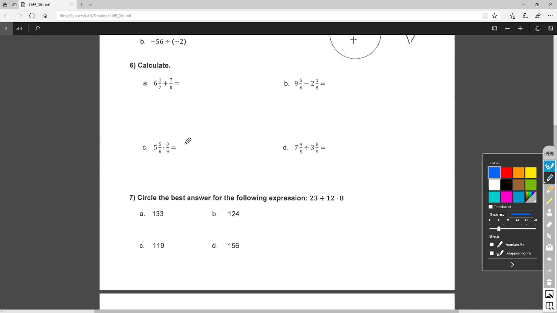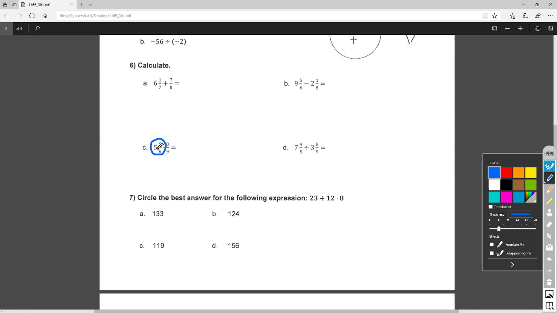So C, when we multiply fractions, we do need to make sure each of our numbers is a fraction or a fraction greater than 1. So if you look at 5 and 5/6, this is a mixed number. It is not a fraction greater than 1 or a regular fraction, right? So we need to change it to a fraction greater than 1, or as most of you know it, an improper fraction.